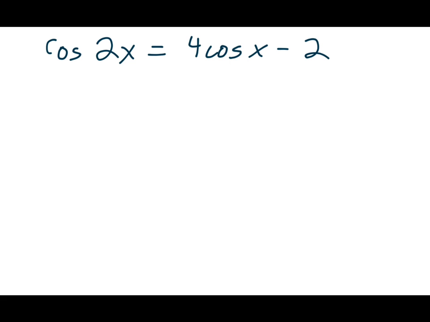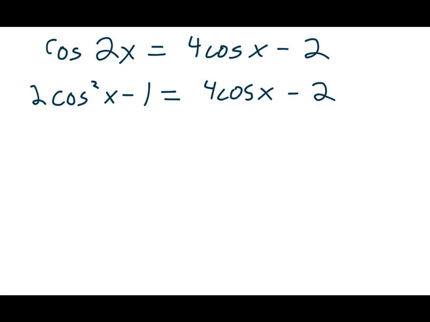Okay? Now, cosine of 2x, you can use a double angle on that, which gives you 2 cosine squared of x minus 1 equals 4 cosine of x minus 2. Okay? Subtract all those guys over. We have 2 cosine squared x, subtract 4 cosine x, and then when I add 2 over, it gives me plus 1 equals 0.